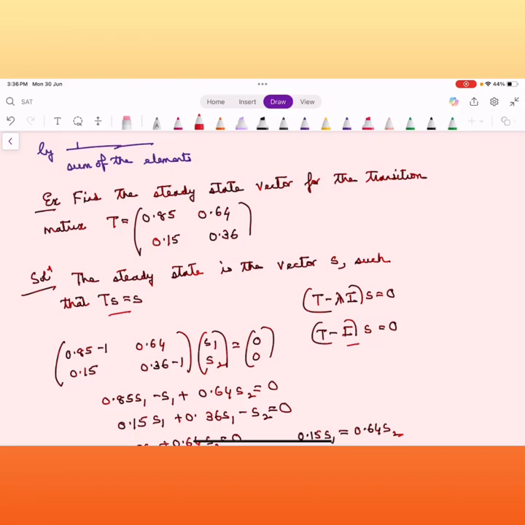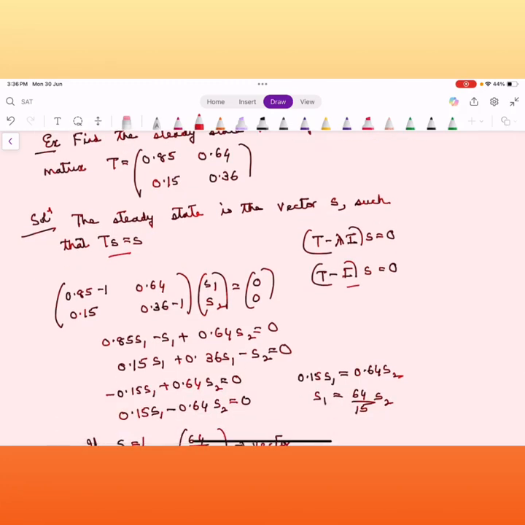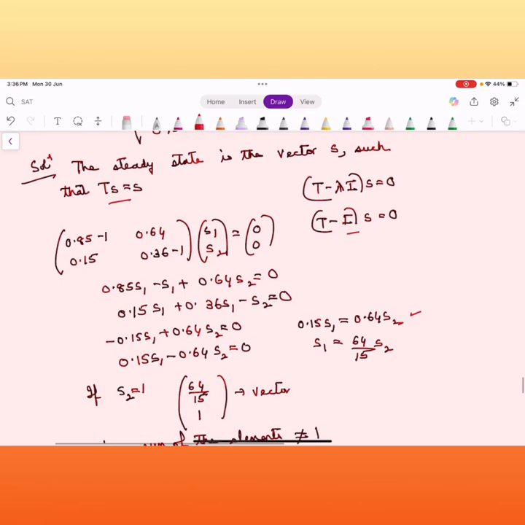When you multiply, you get 0.85 S1 minus S1 plus 0.64 S2 is 0, and 0.15 S1 plus 0.36 S2 minus S2 is 0. Simplifying, you get 0.15 S1 equal to 0.64 S2, or S1 is 64 by 15 S2.